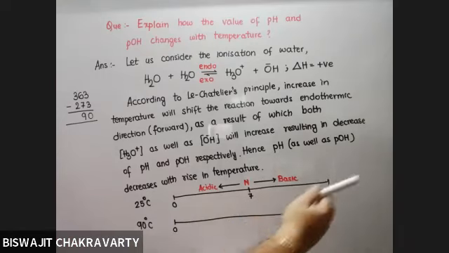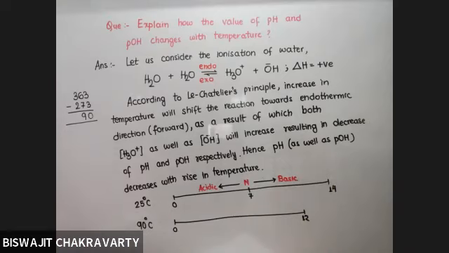So if the scale is 0 to 12, at which point will we consider neutral now? 6, because the middle value is always neutral. If this is neutral, then the rest greater than 6 will be basic and less than 6 acidic. So the more you keep on increasing the temperature, lesser will be the length of the scale. I hope it is clear. Yes, sir.